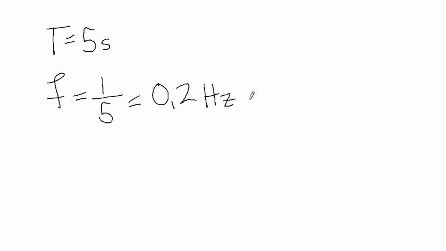Now, what about something that happened really fast? Maybe some information is coming down a wire over the internet, okay, copies of it over and over again, and let's say that the data keeps being retransmitted every 0.1 seconds, okay, so the period is 0.1 seconds.